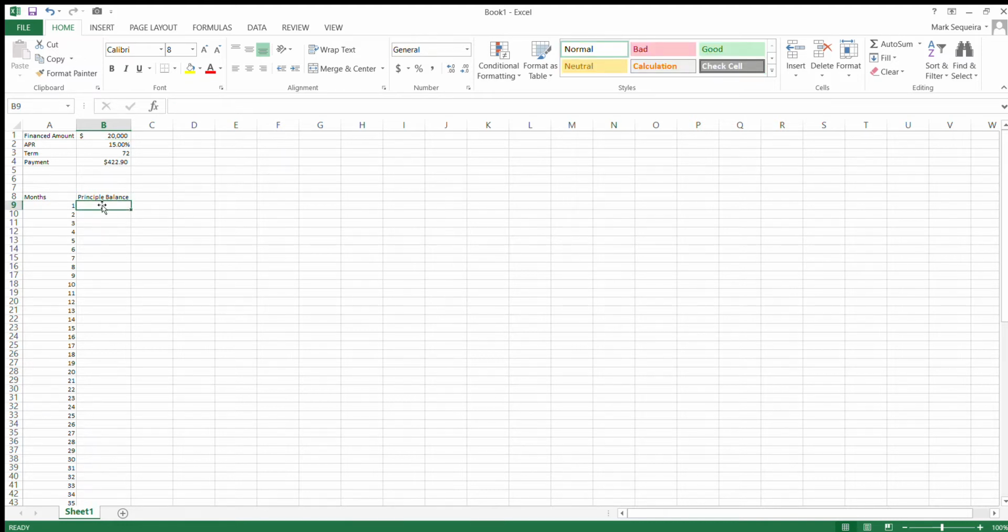Okay, so we're going to reference that cell, put an equal sign in there, and just reference our $20,000. And I'm actually going to here put dollar signs so I can fix the cells so they won't move on us. Okay, so the beginning of the first month, your principal balance is $20,000, which is the amount you agreed to pay based on your contract.